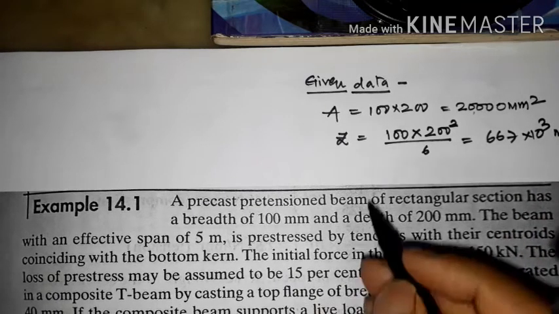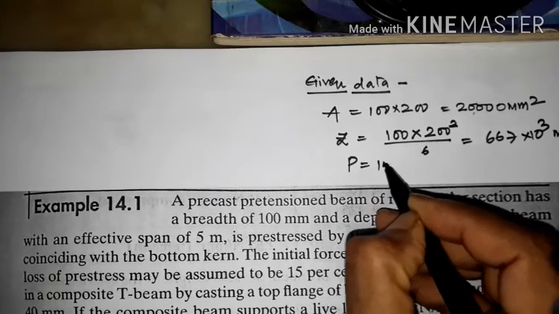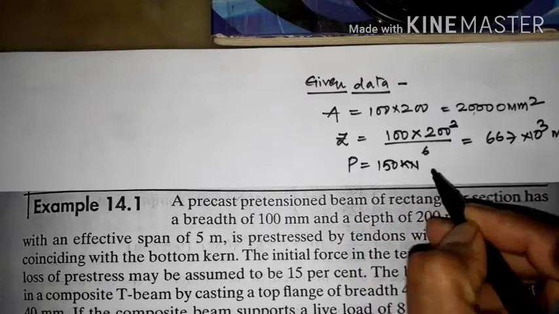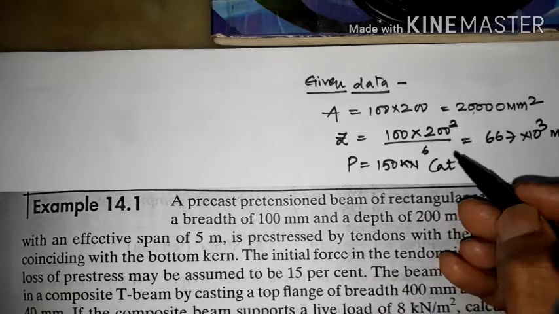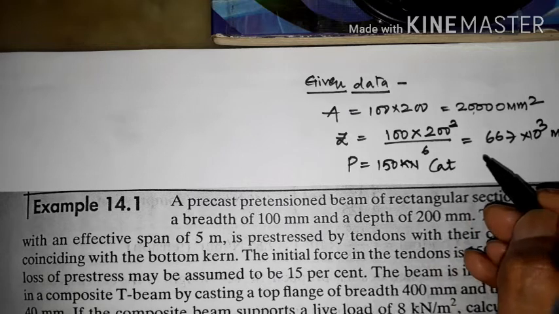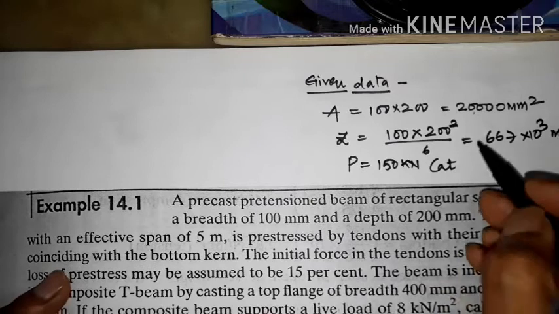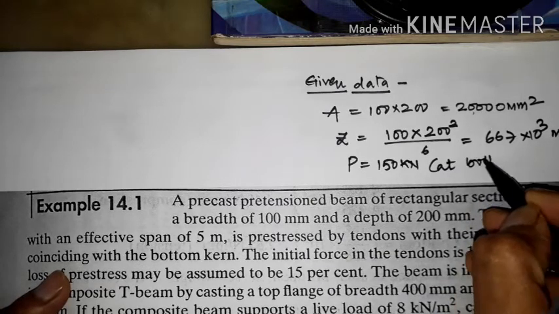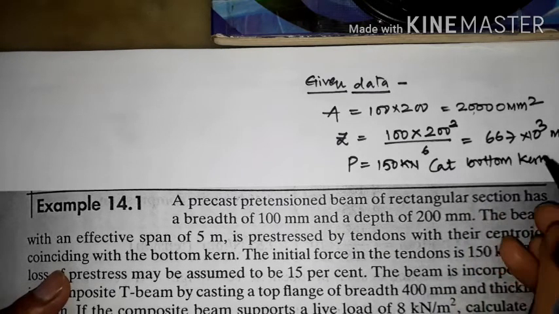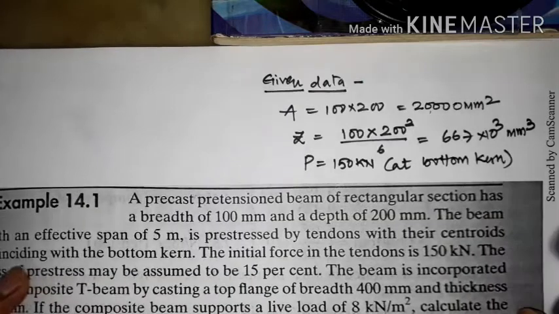They are given the prestressing force as 150 kilonewton at the centroid of the bottom kern. So these are the given data.